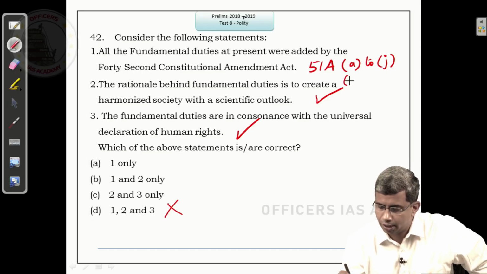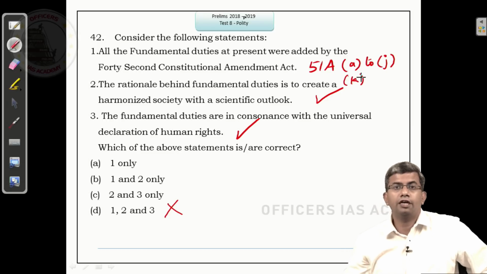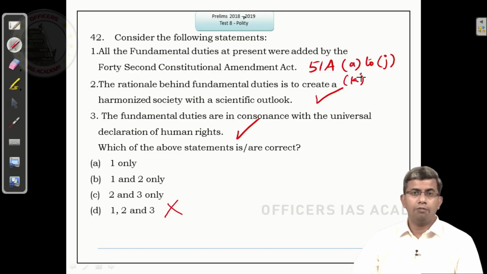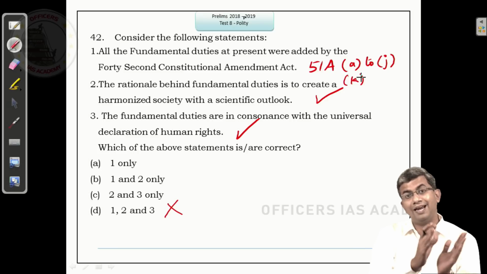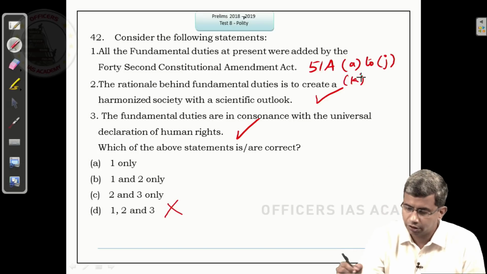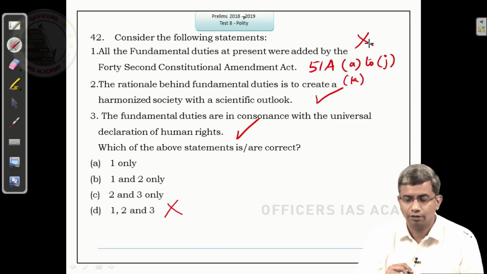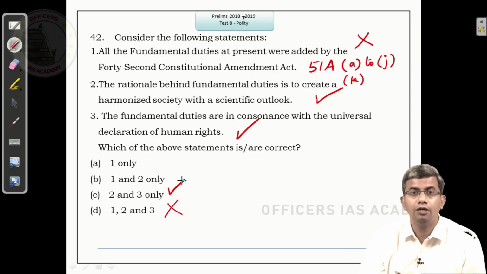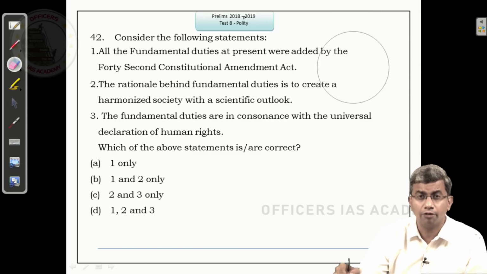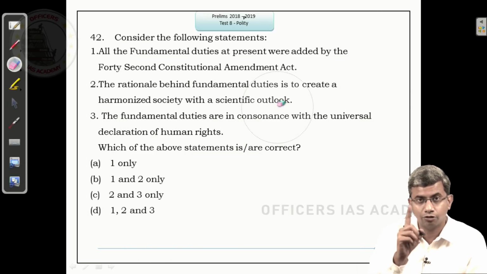But 51A(k), which created a fundamental duty on the parent or guardian to send their children between the age of 6 and 14 years to school, was added in the 86th Amendment Act in 2002. So the first statement is not correct. So the correct answer is C, 2 and 3 only. So people by oversight might have missed it. Don't do that in the actual UPSC examination.